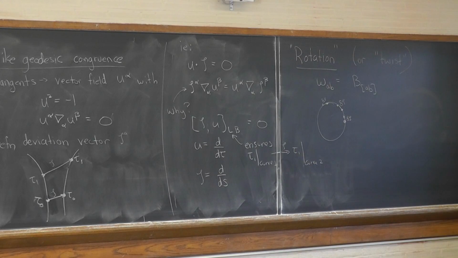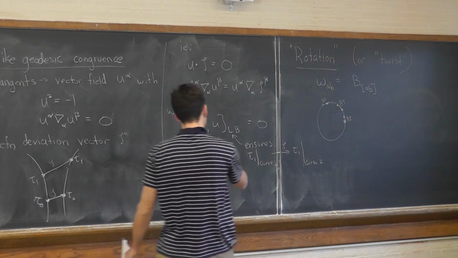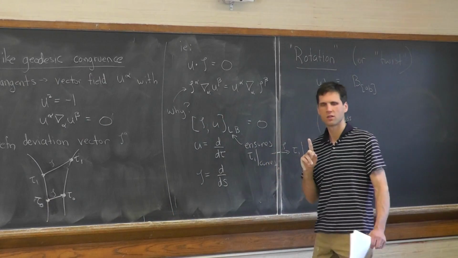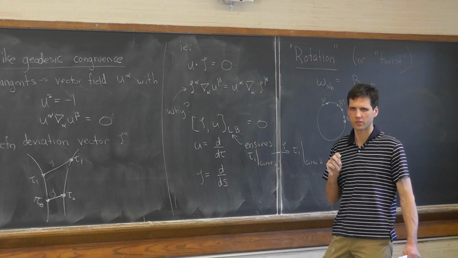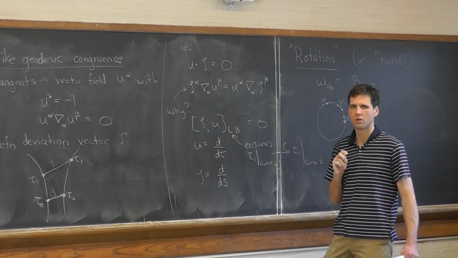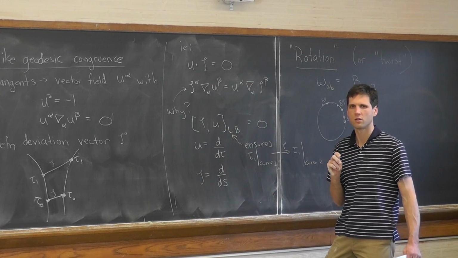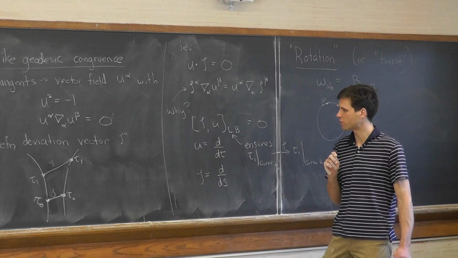Is s going to be space-time? Oh, sorry, is it going to be just space? You defined u by that geodesic equation, so you need to give me a parameterization of the family of curves. Those curves are parameterized by τ.